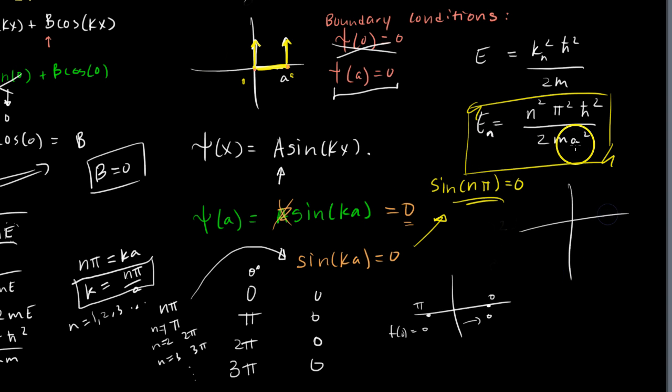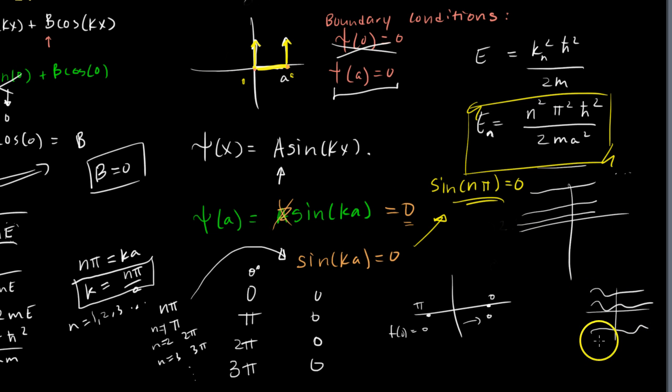Our energy is going to be quantized in units of pi squared h bar squared over 2m a squared. So we can have an energy of this, an energy of this, an energy of this, and so on. But it can't just be some crazy energy that varies with time. No, it's quantized.